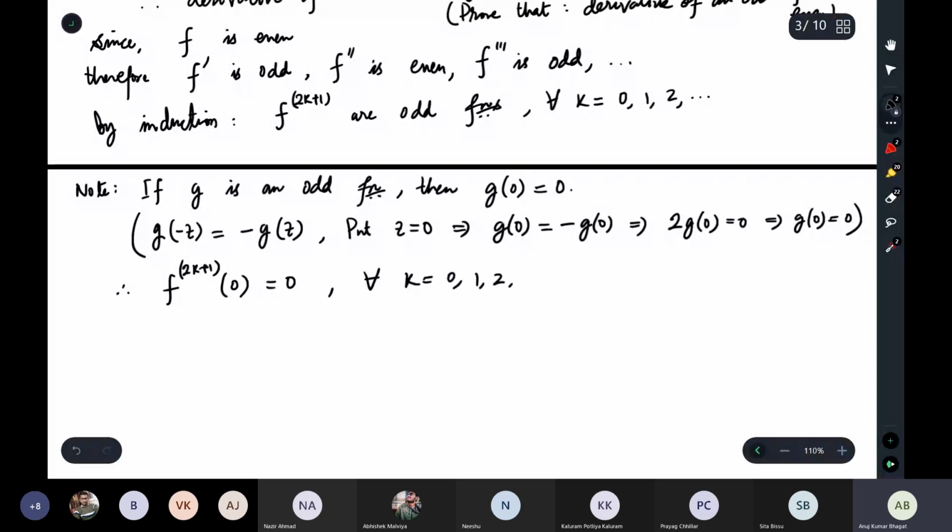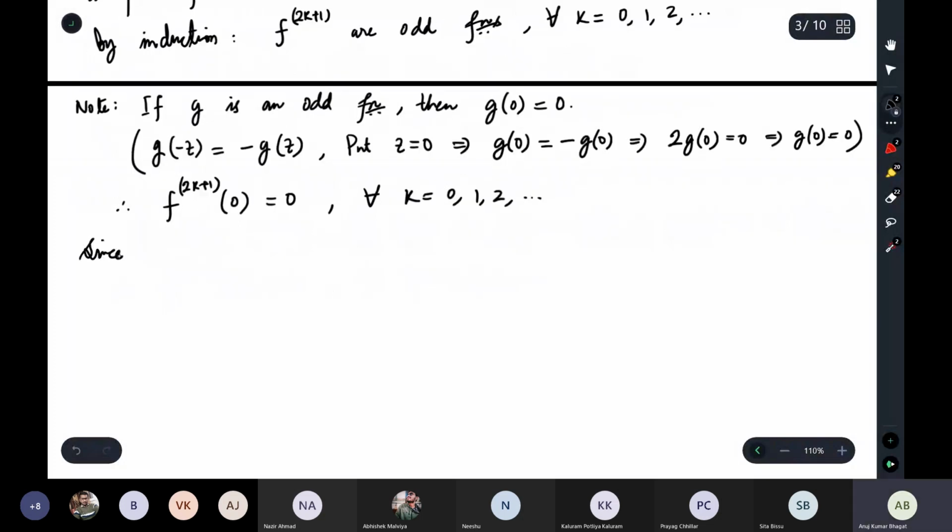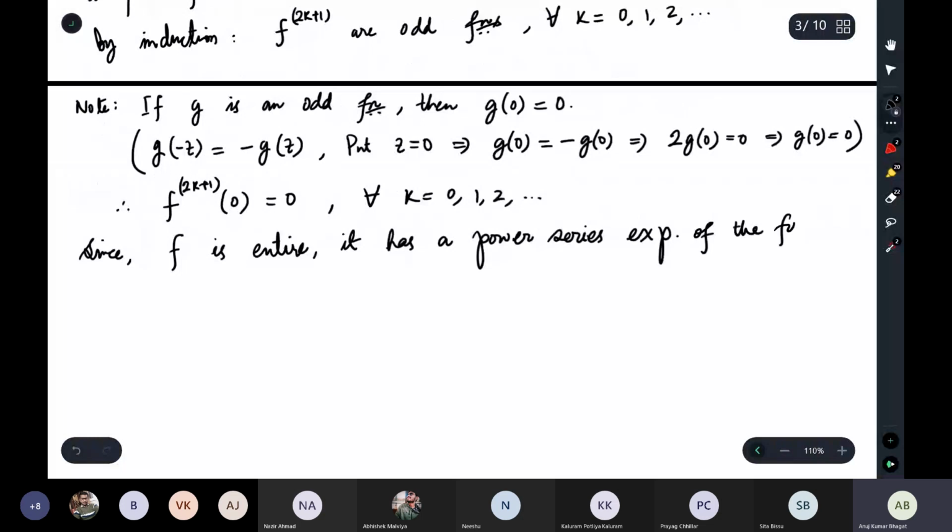So since f is entire, it has a power series expansion of the form f of z is nothing but summation n equals to 0 up to infinity c n z to the power n.